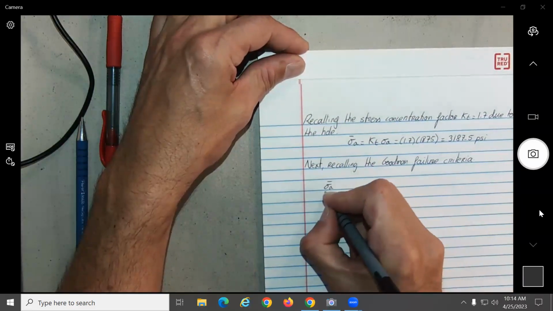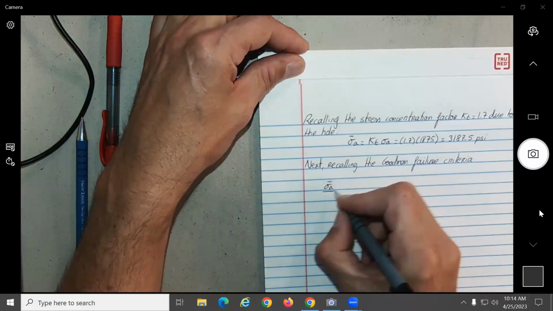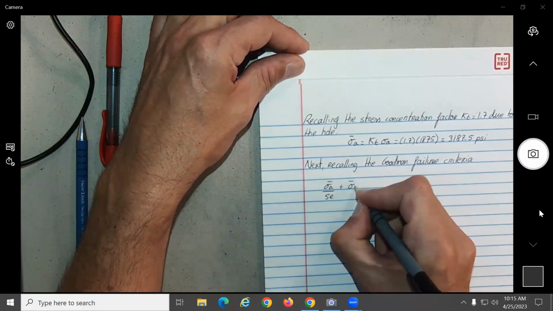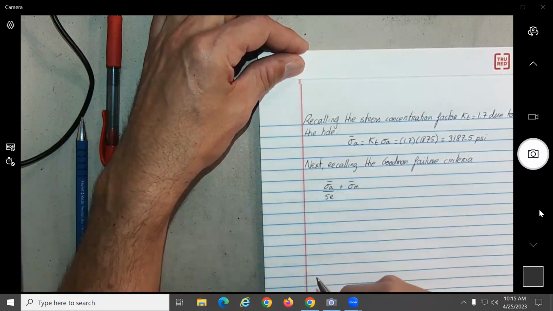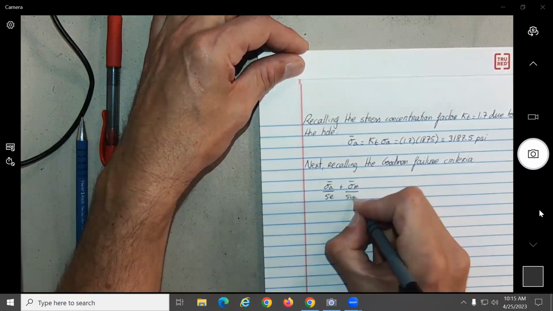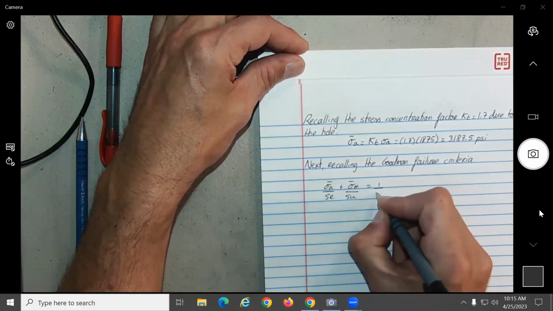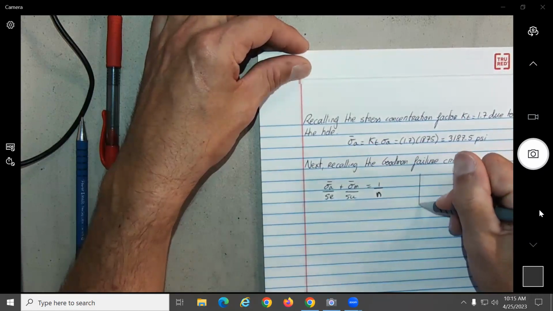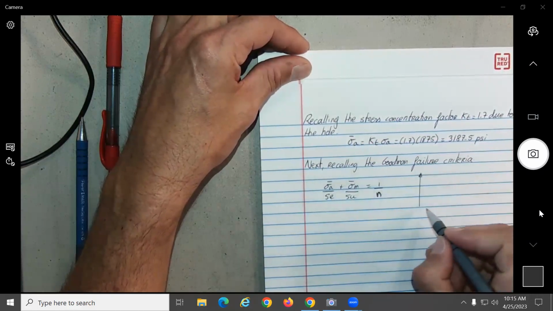Sigma A bar over S endurance plus sigma median over S ultimate equal to 1 over N. Or the figure. Again, you know that I like figures.